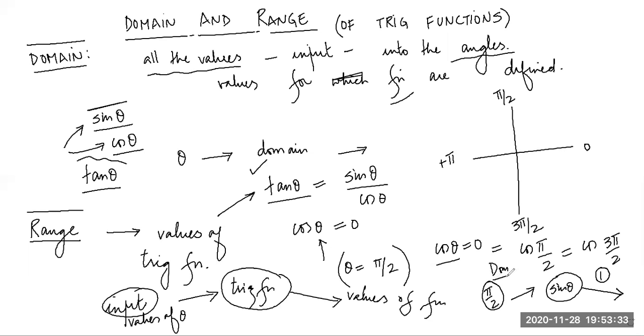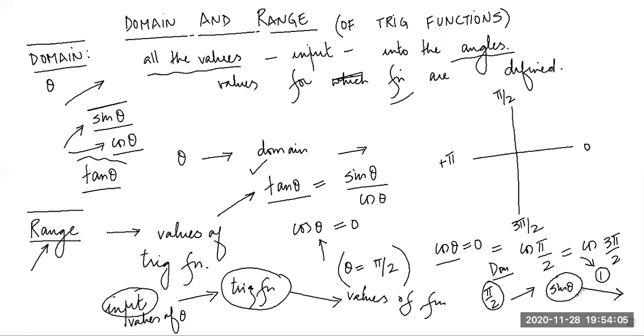Well, this is one value. There can be infinite values like this, and there might be infinite values of the output. So the set of output values makes the range, and the set of all possible input values of theta for which a trigonometric function is defined is known as the domain of the trigonometric function. Let's discuss one by one.